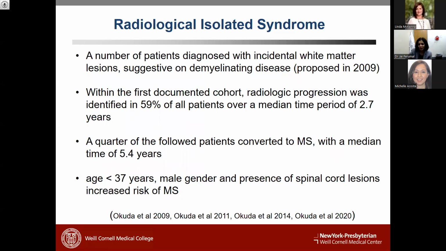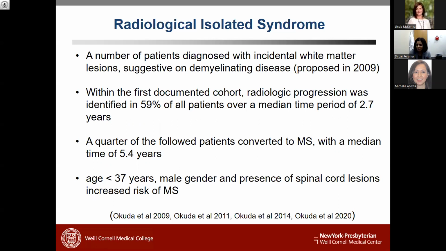Going to the other end of the spectrum, same thing. Now that we are getting MRIs, the threshold for MRIs has become so low, we are going to be doing MRIs and finding an MRI brain that looks just like MS, similar to those initial MRIs that I showed you, those ovoid lesions perpendicular to the long axis of the ventricle.